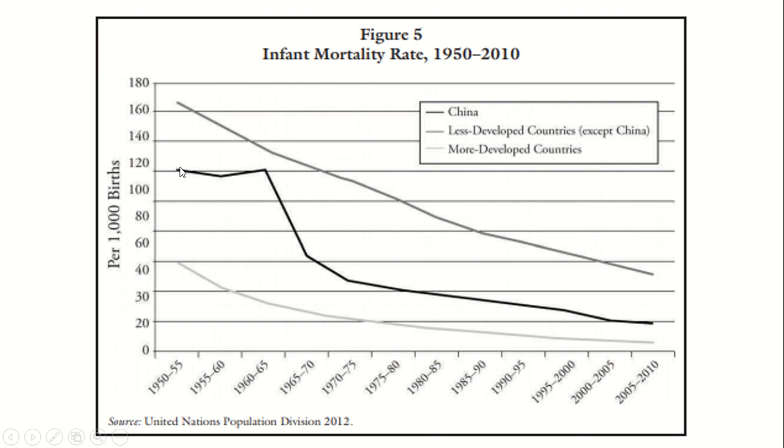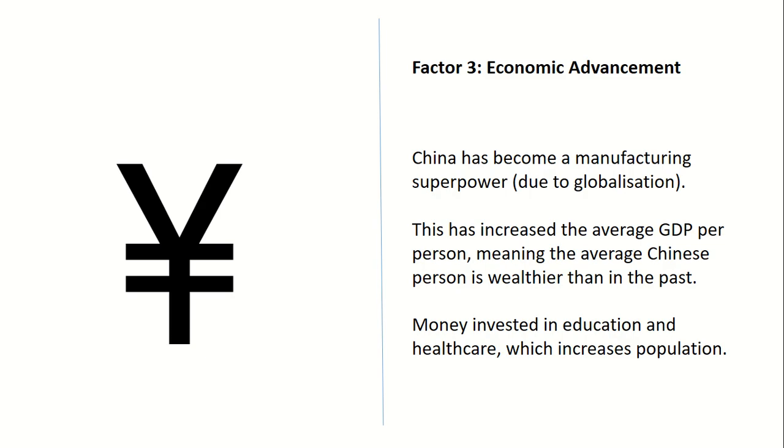Their infant mortality is far higher. However, you can literally pinpoint the moment that better healthcare starts to kick in, because here it starts to reduce dramatically until now. It's still slightly higher than a HIC, but their infant mortality rate is very low. As a result of that, their population was able to grow and increase.